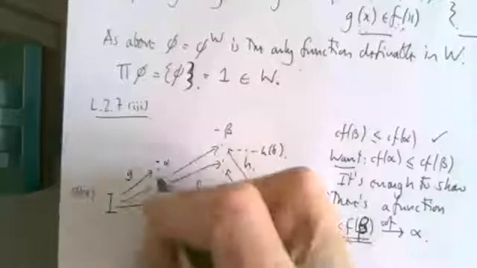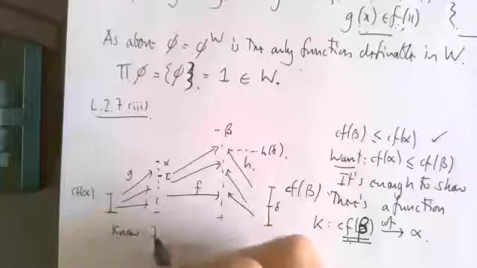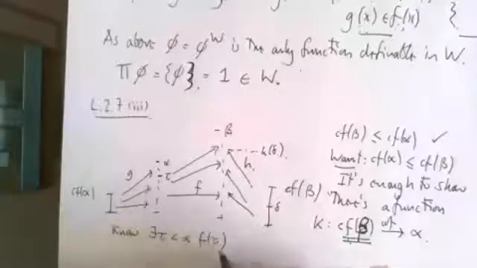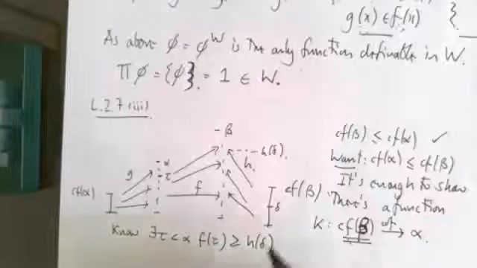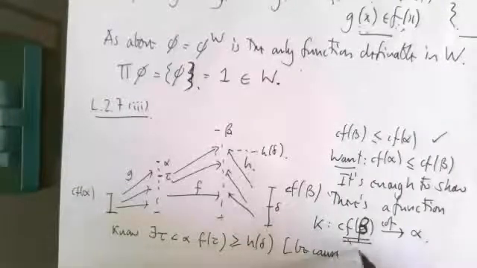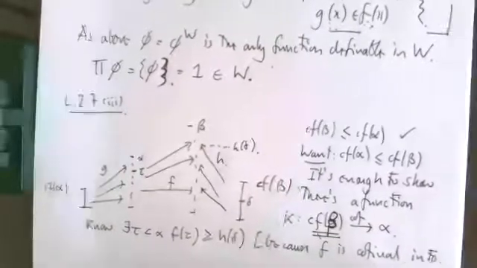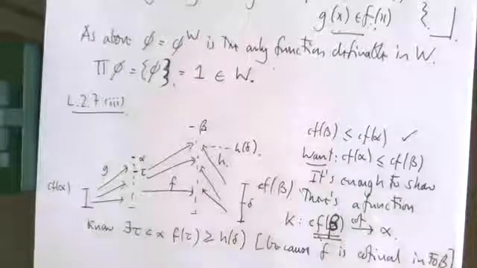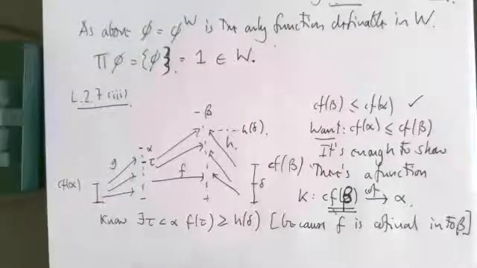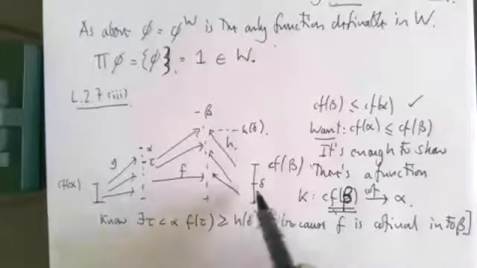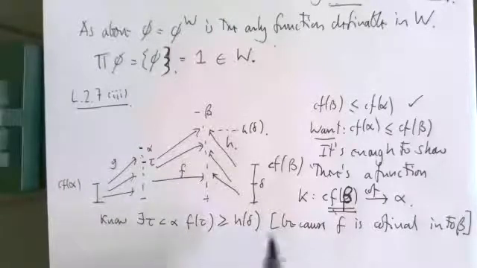So there is going to be some tor less than alpha such that F of tor is greater than or equal to H of delta, because F is cofinal into beta. So what I could do is take delta to the least tor such that F of tor is greater than or equal to H of delta.